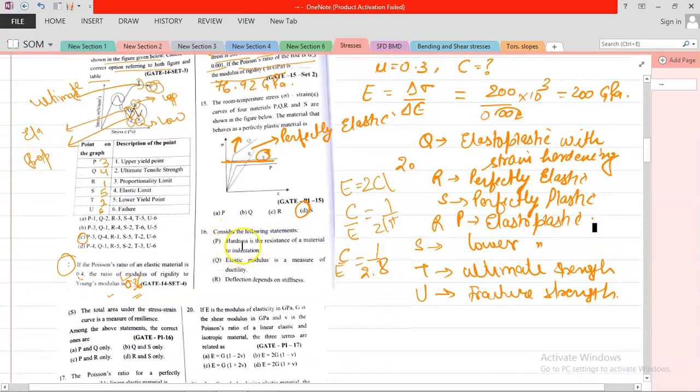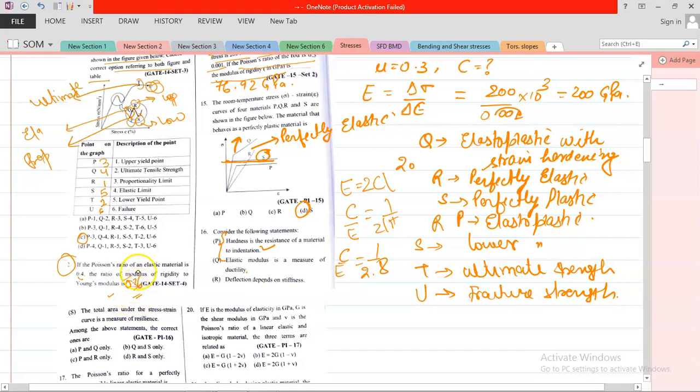Consider the following statements. Hardness is the resistance of a material to indentation. That is right, because we just remember. Elastic modulus is a measure of ductility. Deflection depends on stiffness. Total area under the stress strain curve is a measure of resilience.